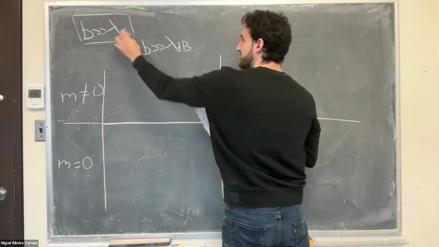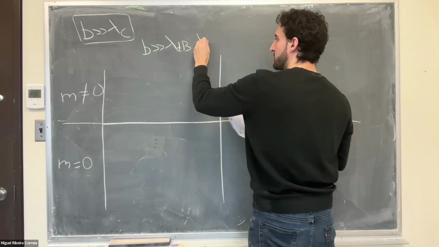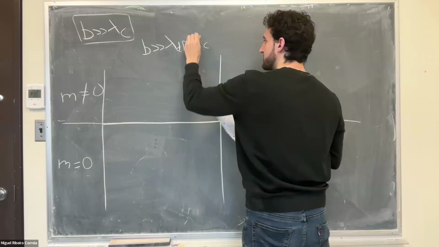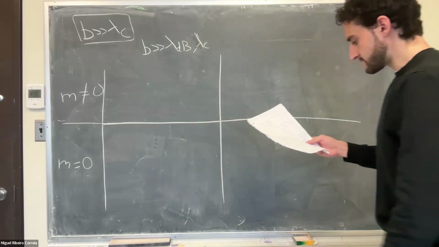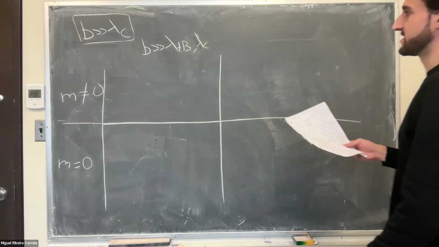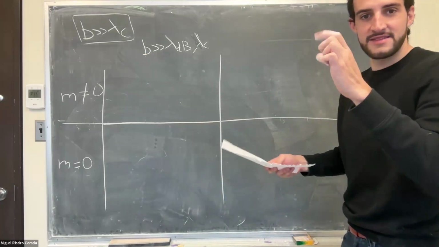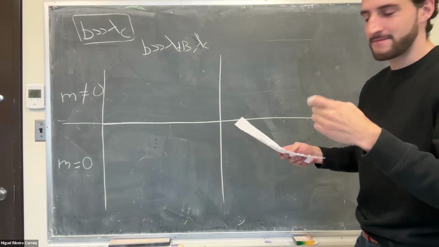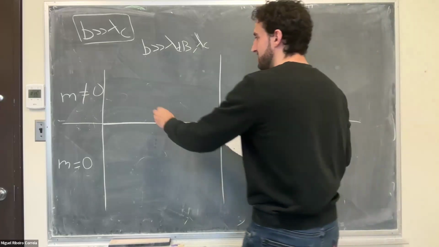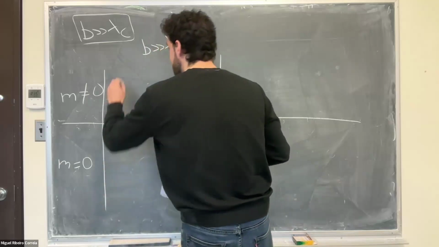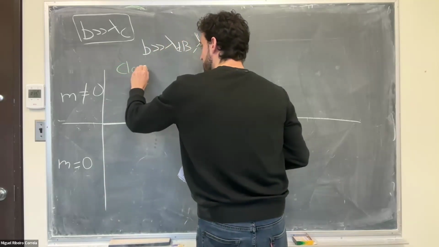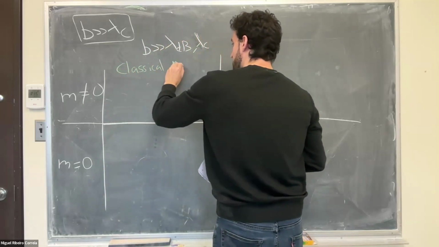And of course, in these conditions B is bigger than both lambda de Broglie and lambda Compton. So I'm taking the impact parameter also much bigger than the size of the wave packet. That means I'm going to end up in a classical regime, so this would be just classical mechanics.